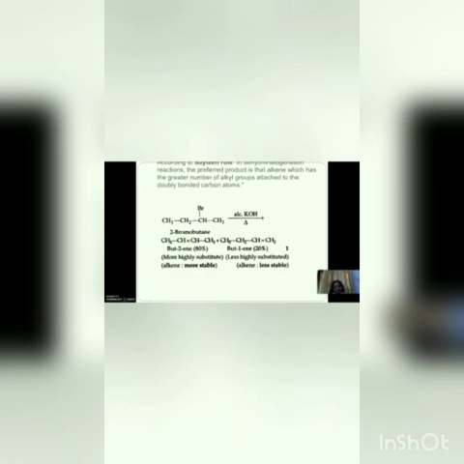If we check this double bond, a methyl group is attached to this. But if we check this double bond, here ethyl group, and there are methyl groups attached to this carbon. If you check this double bond, here only 2 hydrogens are attached to this carbon. So it will be the more substituted alkene, so it will be the major product.